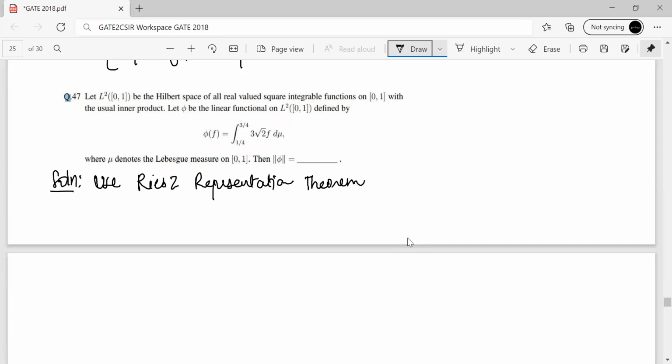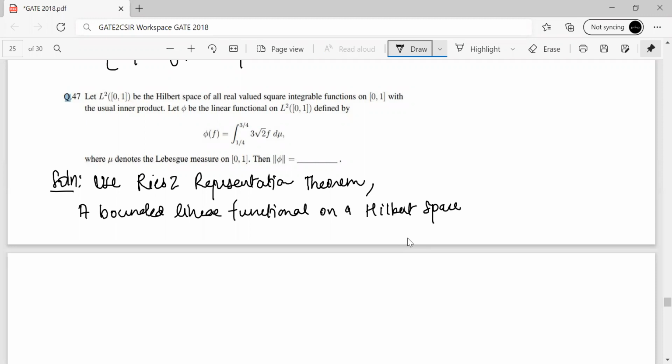Now, what does Riesz representation theorem say? So it says that a bounded linear functional on a Hilbert space can be represented in terms of an inner product.